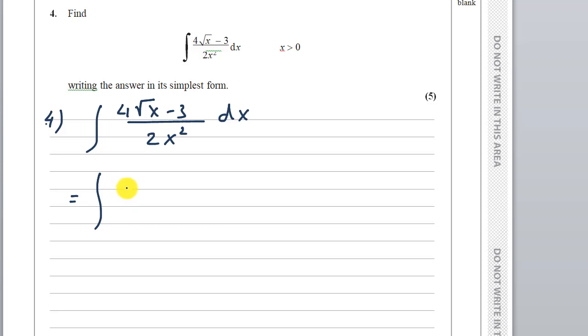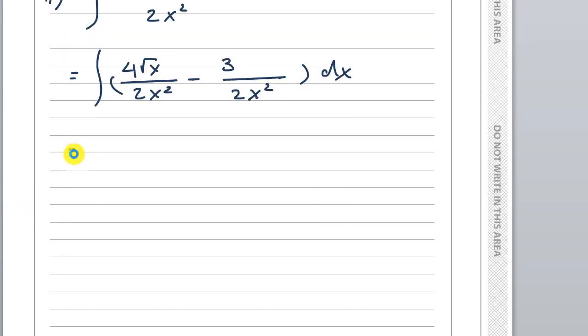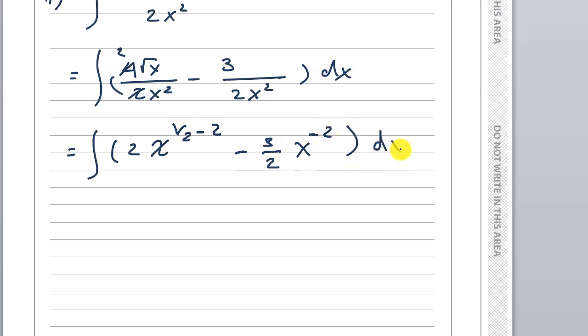So it is 4 square root of x divided by 2x squared, minus 3 divided by 2x squared, all of them dx. So it's the integration of this part with this part, which is equal to 2 x to the half minus 2, minus 3 over 2 x to the minus 2, dx.